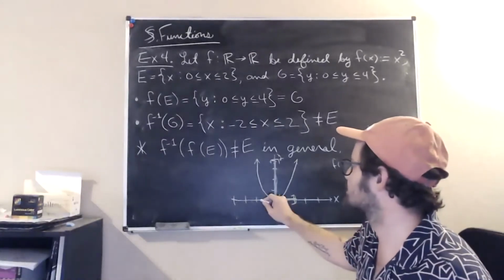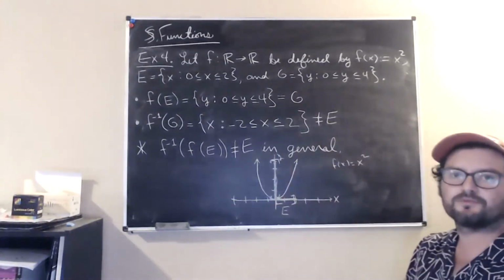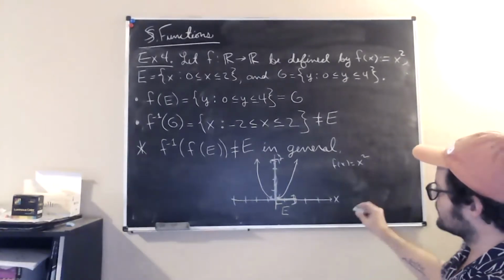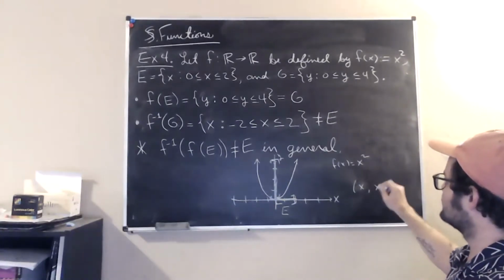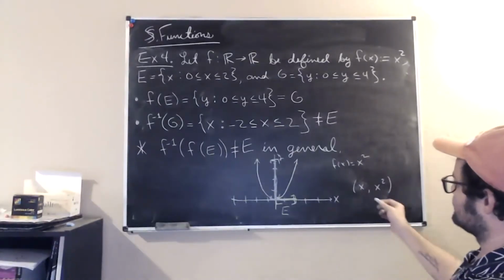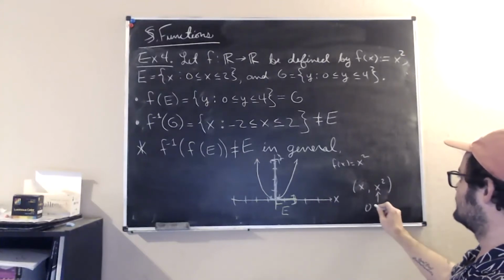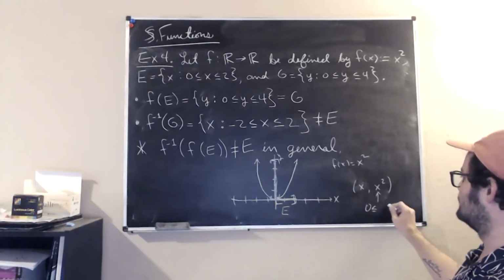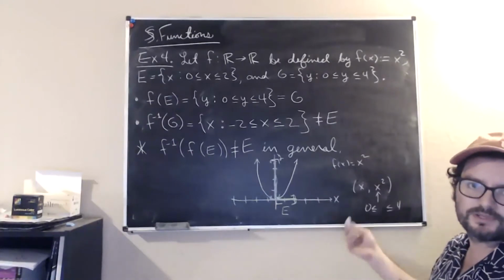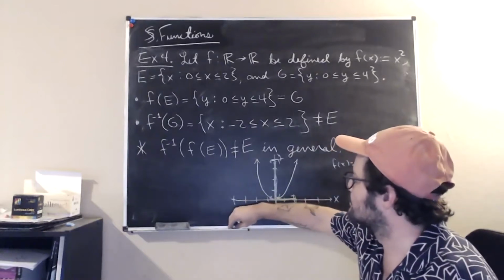If you pick anything in here and square it, it's going to have a value somewhere inside of that interval. So basically, you're looking at ordered pairs (x, x squared). For what ordered pairs does this entry here satisfy being at least 0 and at most 4? All values of x that make that true. So E does not equal all of the values that are possible.